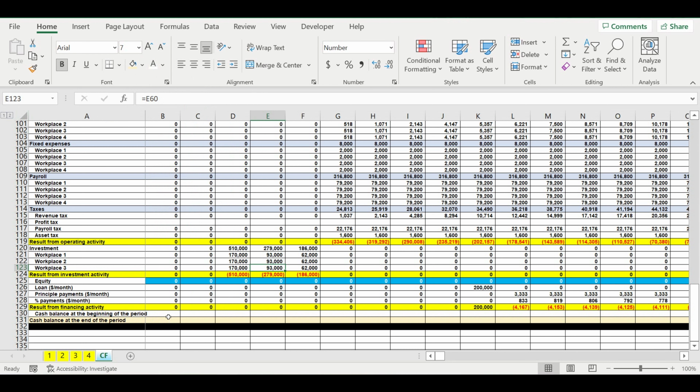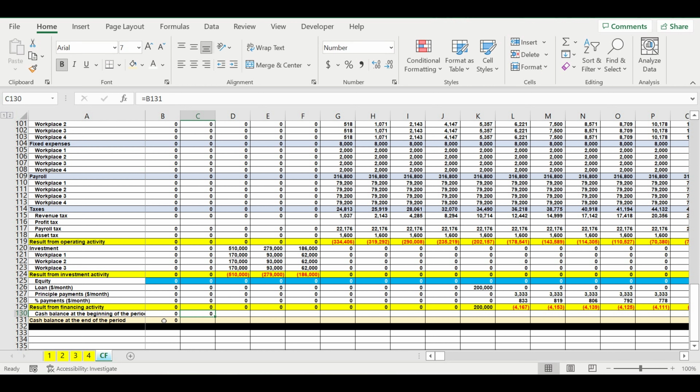Here in the first month we will have 0. Then we are taking the result from operating activity plus the result from investment activity plus the result from financing activity plus the cash balance at the beginning of the period. Then we go here, put equals, take this value, and this becomes the cash balance at the beginning of the period.